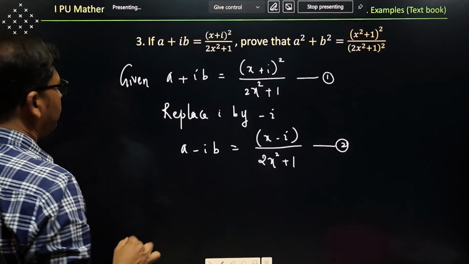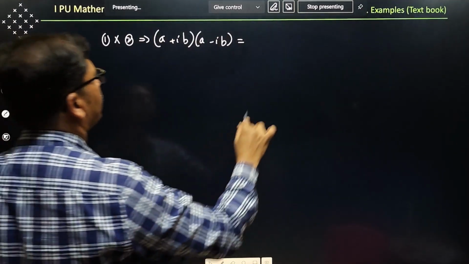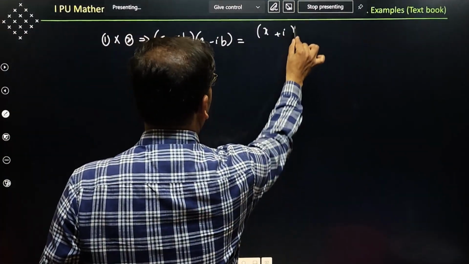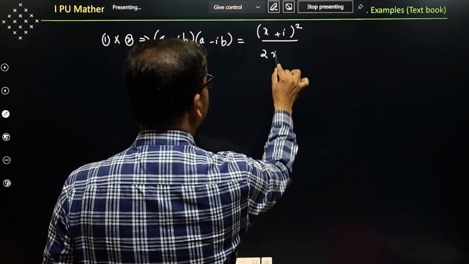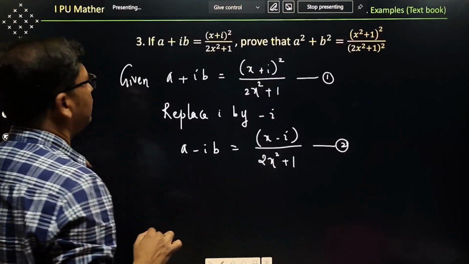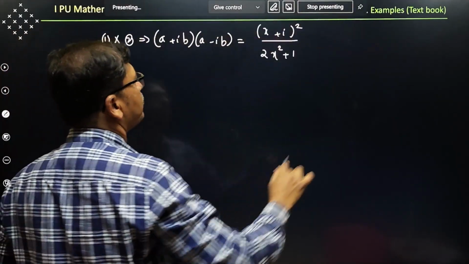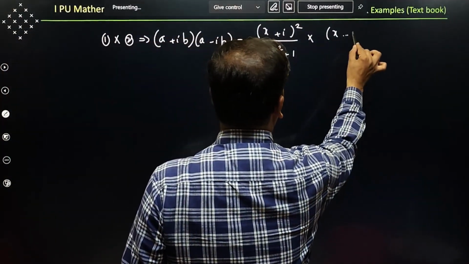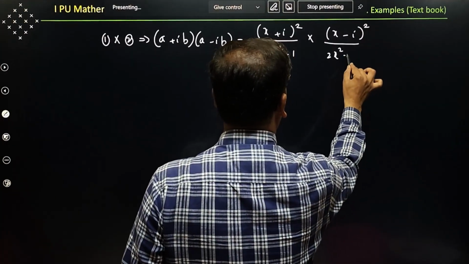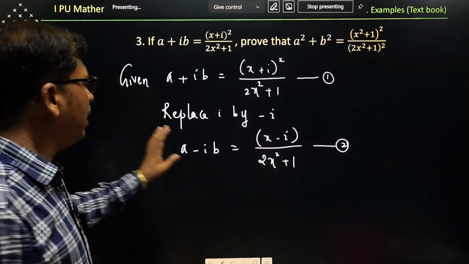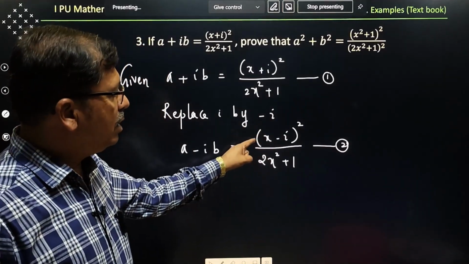This gives what? a plus ib into a minus ib is equal to (x plus i) whole square divided by 2x square plus 1, into (x minus i) whole square divided by 2x square plus 1.